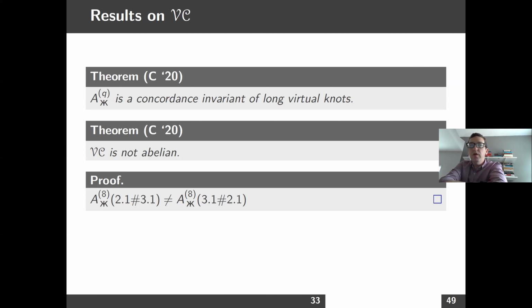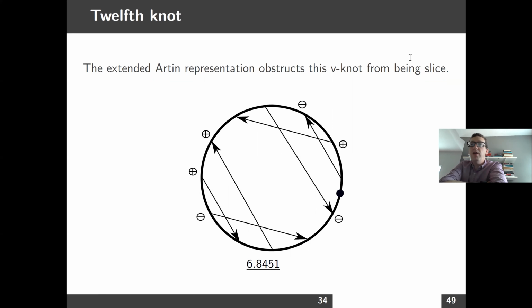Okay, so you can also use this to obstruct sliceness for some virtual knots where the usual J-bar invariants are 0 out to a very high order. So here we have 6.8451, and you'll notice that this can be viewed as a product of two knots.